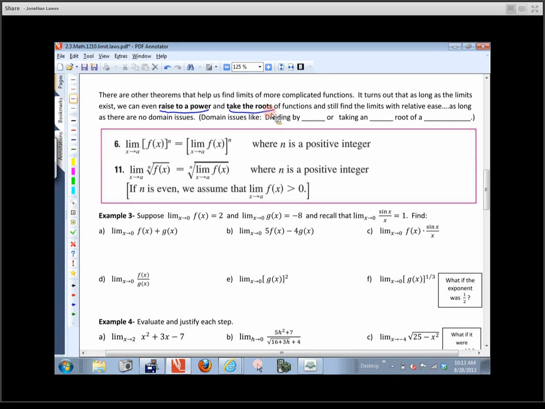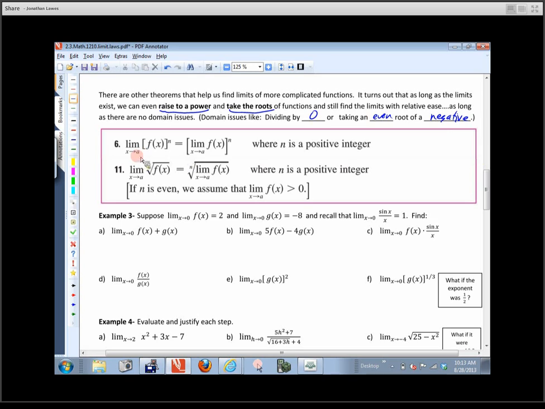And you can find the limit of that, a more complicated function just as easy as long as when we raise it to a power or we take the root, we're not introducing any domain issues, okay? And when we deal with more complicated ones, remember domain issues would be like dividing by 0 or taking an even root of a negative. So we've got to make sure that we're not introducing any of those.